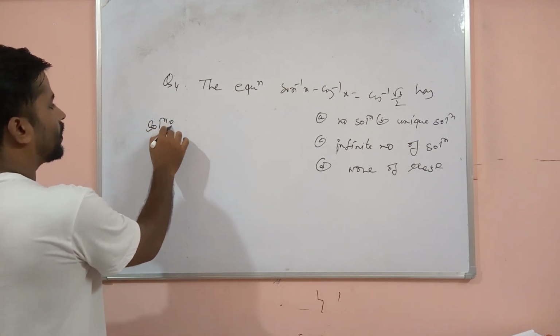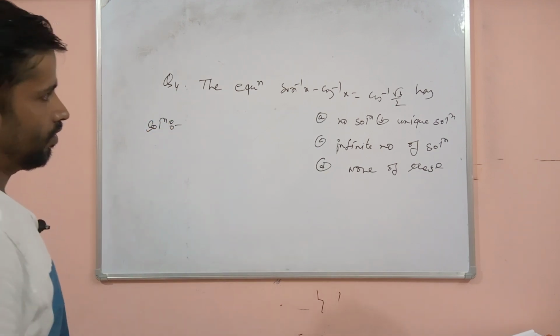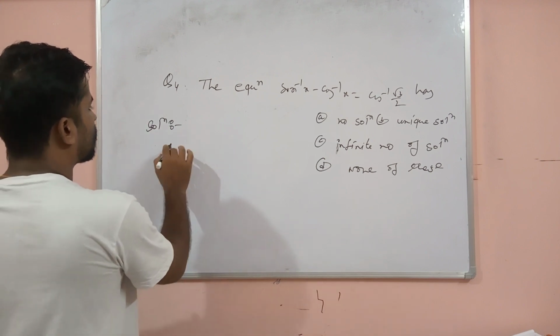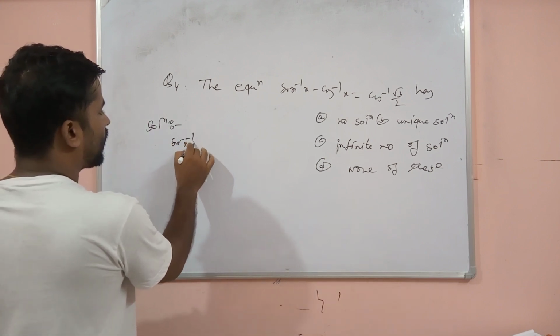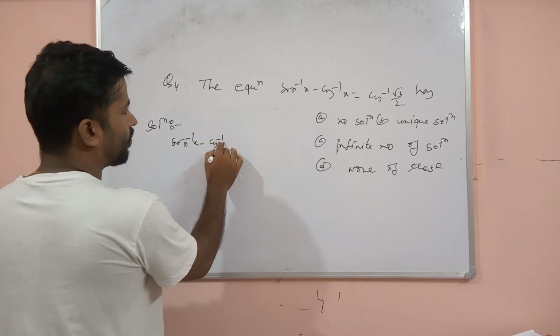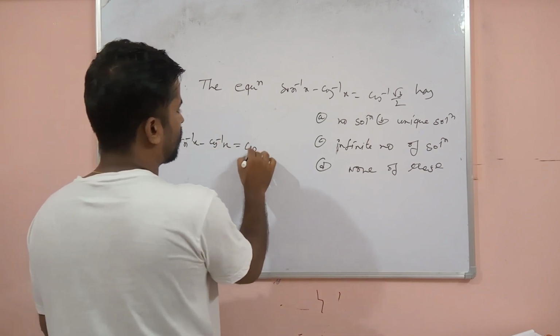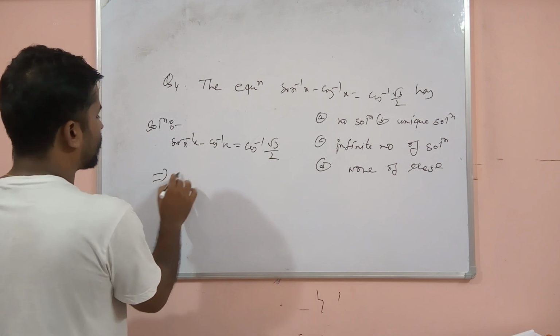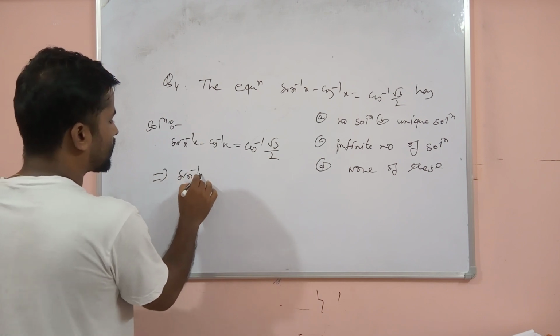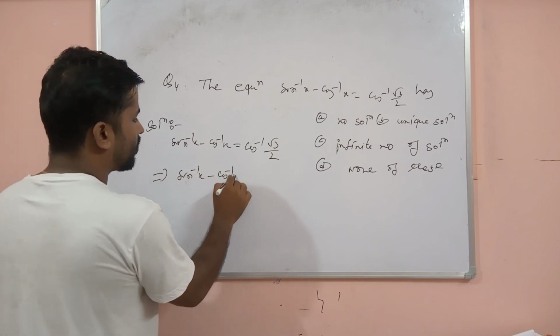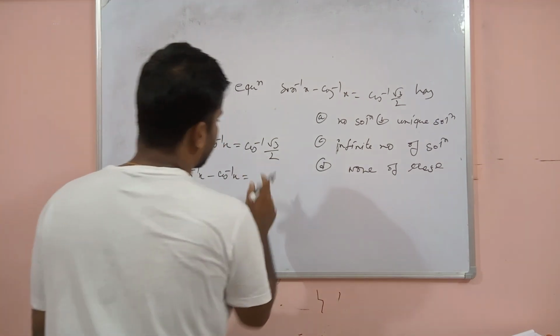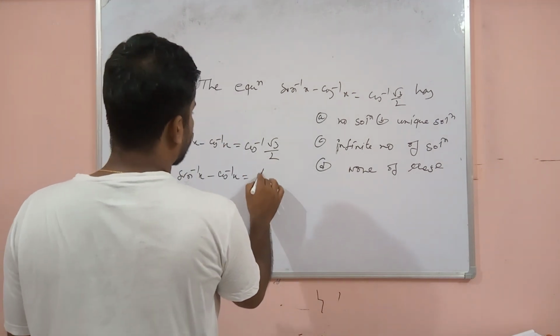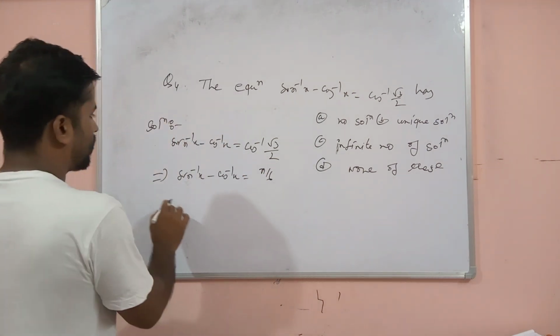Solution would be like sine inverse x minus cos inverse x is equal to cos inverse root 3 by 2, which implies sine inverse x minus cos inverse x. Cos inverse root 3 by 2 is pi by 6.